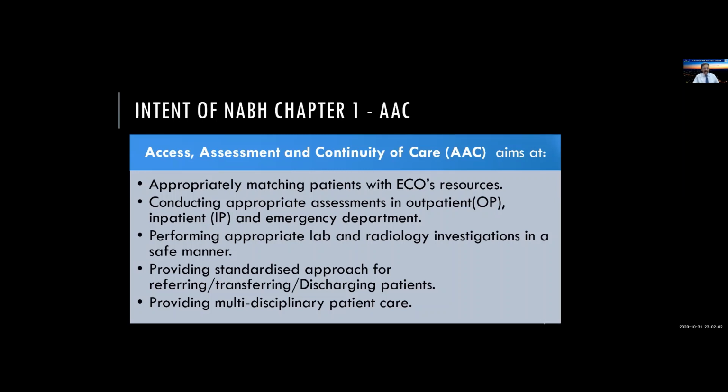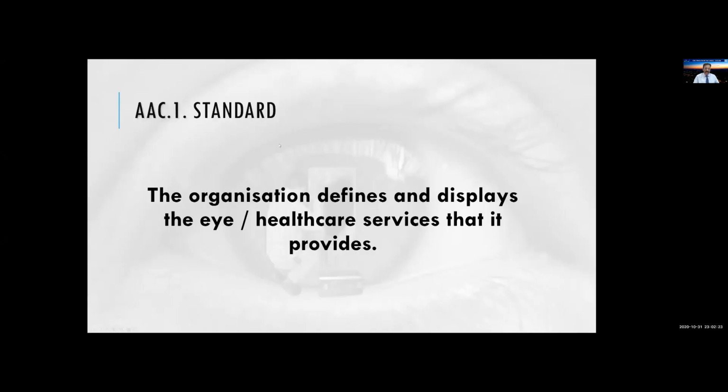The first intent is appropriately matching patients with the eye care organization's resources, conducting appropriate assessment in OPD, IPD, and emergency department, performing lab and imaging investigations in a safe manner, providing a standardized discharge summary, and providing multidisciplinary patient care. Let's go into the depth of this chapter and see how we can implement these standards.